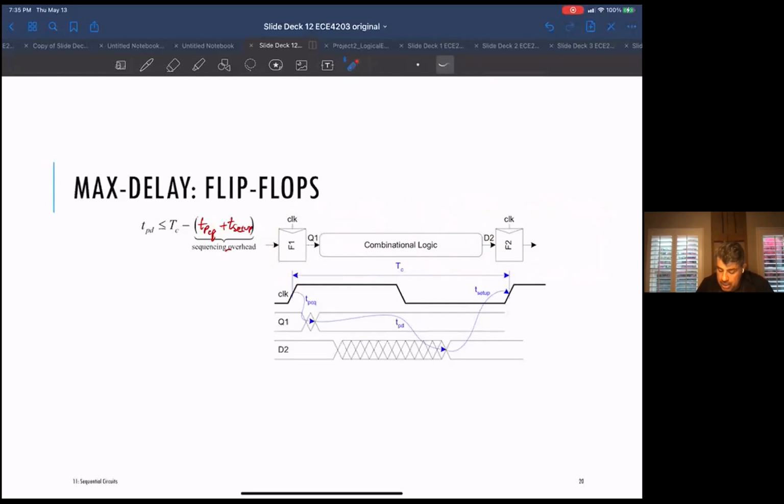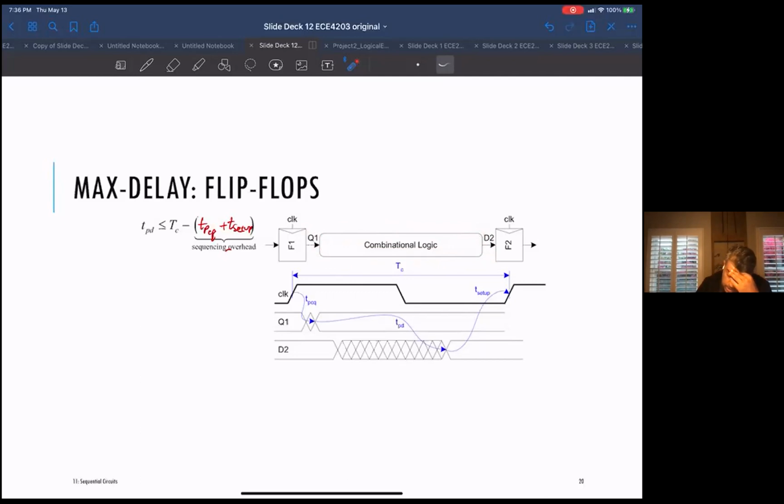I gotta pipeline this because I've got too much stuff in here, so I gotta cut down the delay. Or maybe you change your combinational logic design. We talked about how you could try to optimize the speed or change the functionality. Look at the worst case paths and adjust them somehow. Okay, so that's one option.